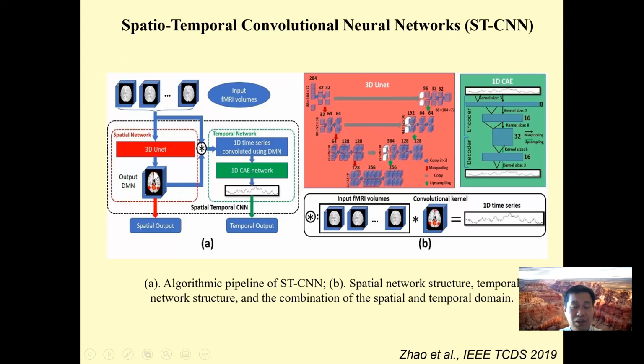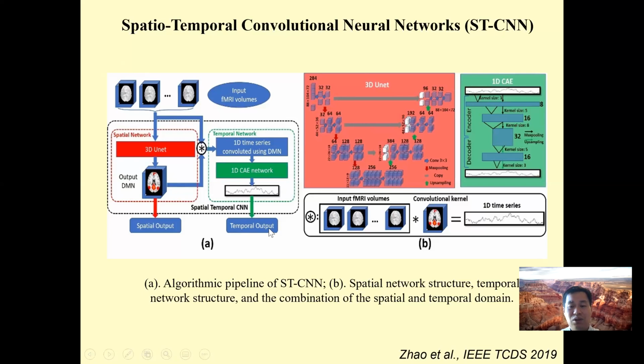Then we use the predicted 3D volume network to convolve with the original fMRI data, so we get a one-dimensional time series. Then we go through the one-dimensional autoencoder we just discussed in previous slides, and we can extract the time series output from the 4-dimensional data.